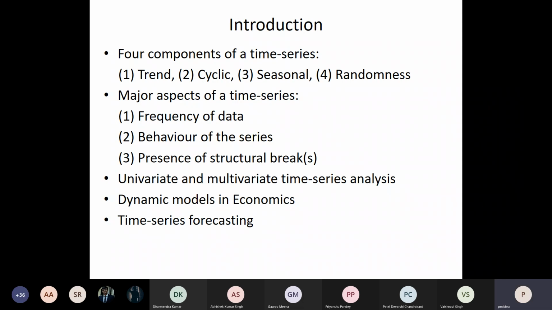Dummy variable is basically a binary variable here. It may take value 1 for the post-reform period and 0 for pre-reform period. It can be another way also. And also we may bring in an interaction term, dummy variable, into the continuous variable x. So the equation now may become y is equal to alpha plus beta into x plus gamma into d, means the dummy variable, plus delta into d into x.